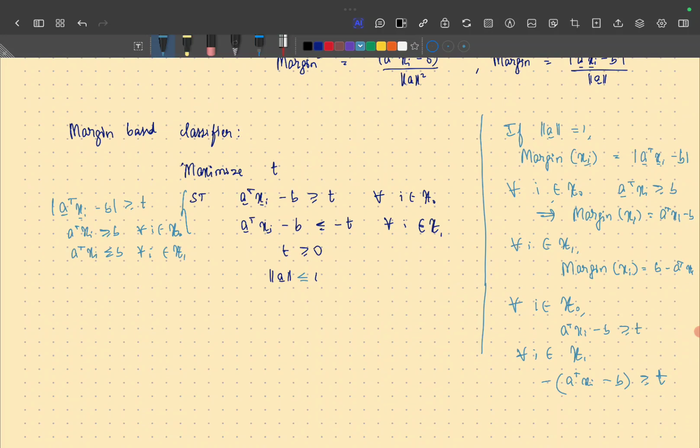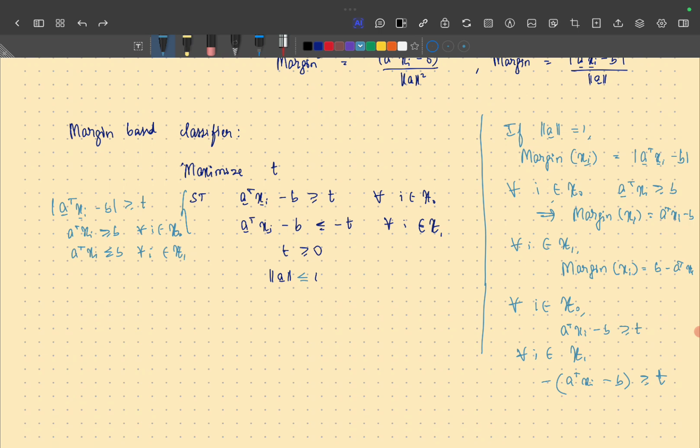Changing the condition from norm of A equals 1 to less than or equal to 1 doesn't change the answer. As it turns out, it doesn't change the answer. But in principle, the way we formulated it, this should have been an equality constraint. But if I set norm of A equal to 1, then I end up with a non-convex optimization problem.